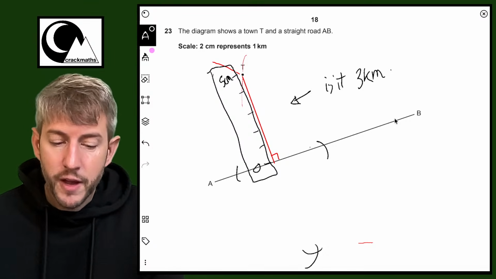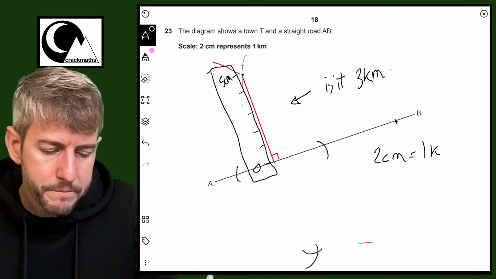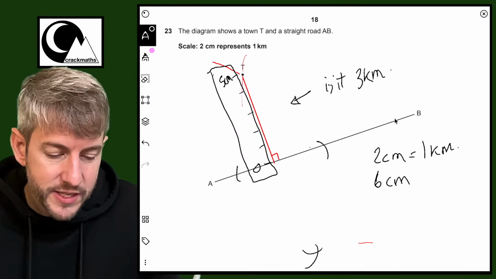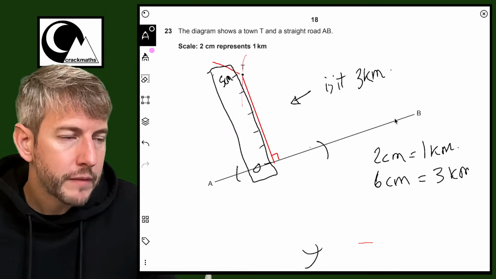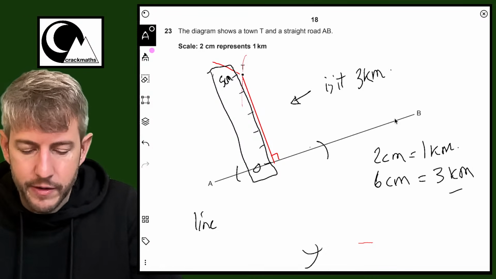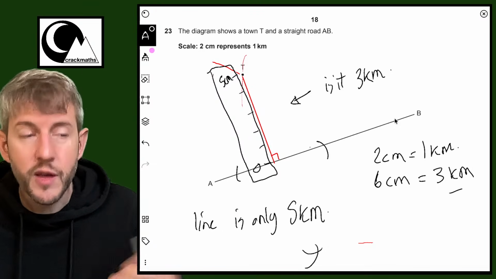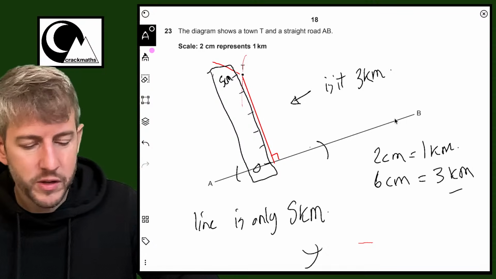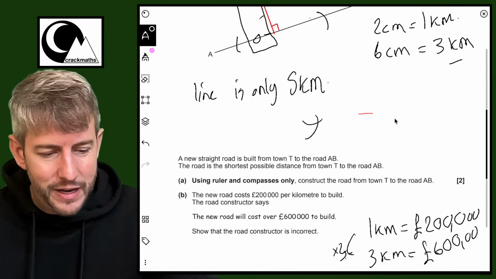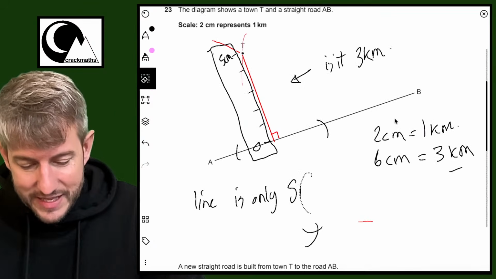Okay, well, if it's 5 centimetres, and 2 centimetres equals 1 km, that means that 6 centimetres will equal the 3 km. This line is only 5 km. So it won't cost... Oh no! I've gone really wrong. The line is only 5 centimetres. I've got wrong with my km and cm, sorry.